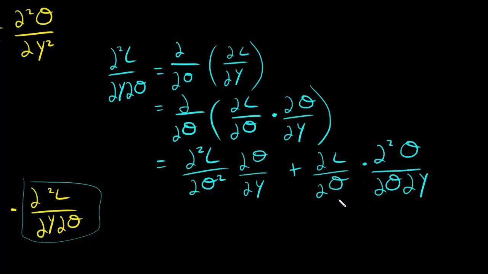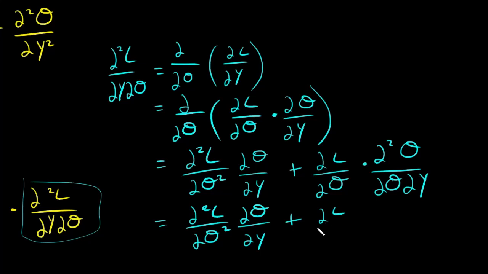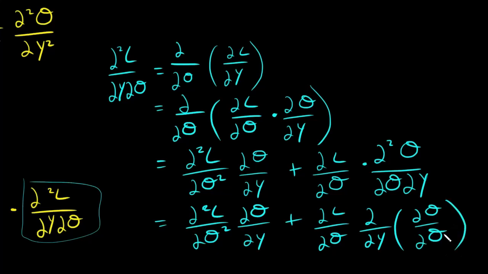Okay, so now there's going to be a nice cancellation here. So let's think about this. I'll leave this alone for right now. I want to talk about this back piece back here. Okay, this is the same thing as writing the derivative with respect to y of d theta. Okay, why is that?